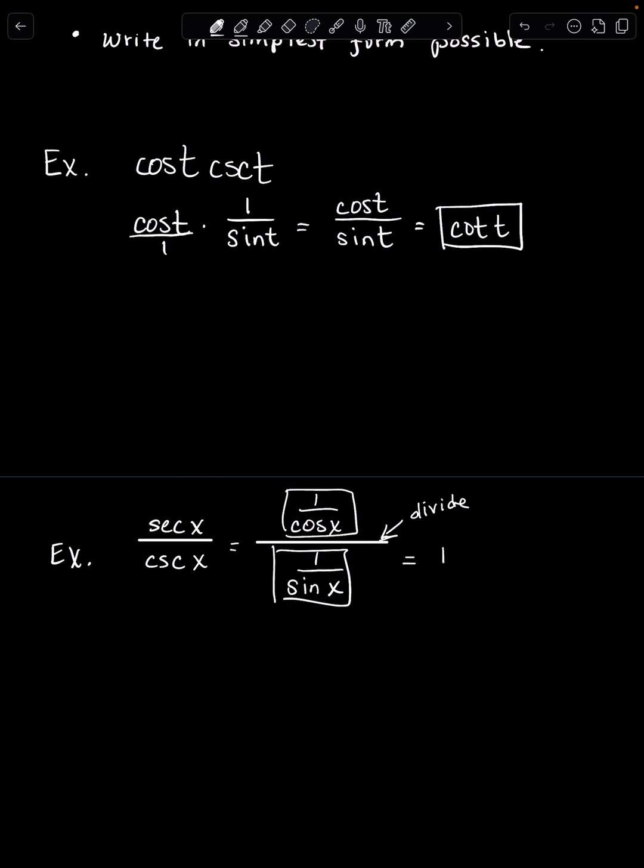You know that when you divide fractions, you multiply by the reciprocal. So I'm going to multiply by the reciprocal of that bottom fraction. When I multiply straight across, numerator times numerator, I get sine of x over cosine of x, which all goes to the tangent of x.